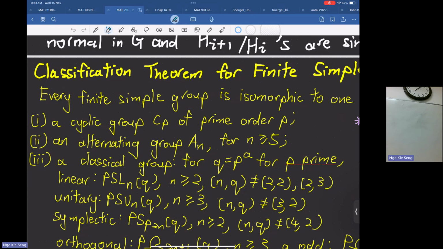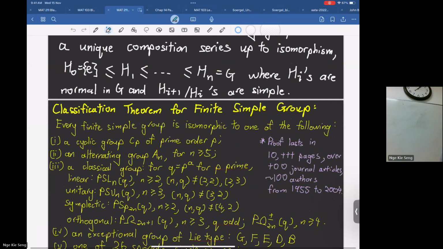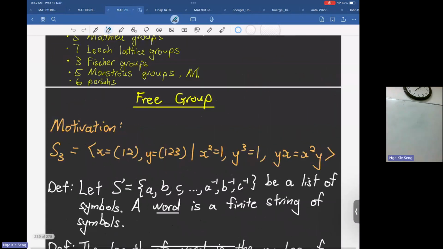The multiplication table is like 2 times 10 to the billion things. So we have a simple way to do this, which is called free groups. Let's go into free groups now.